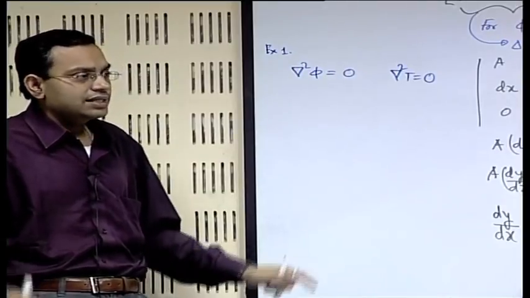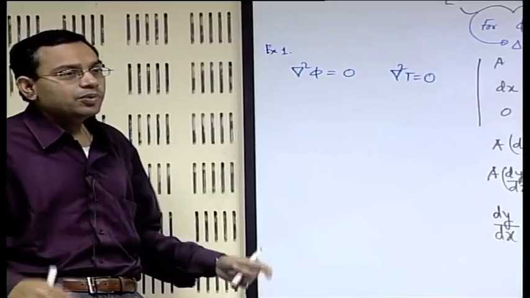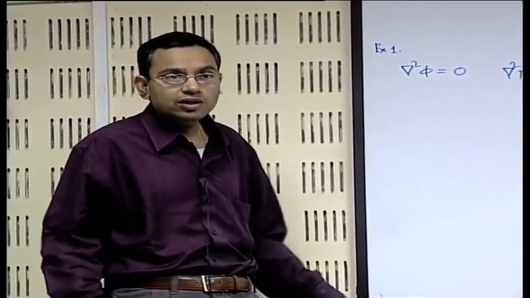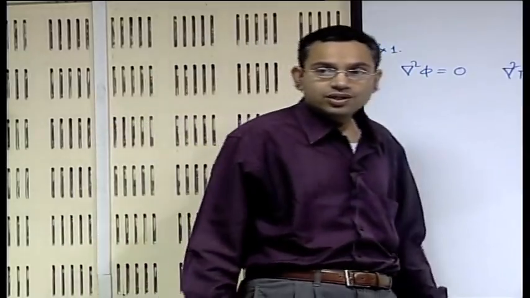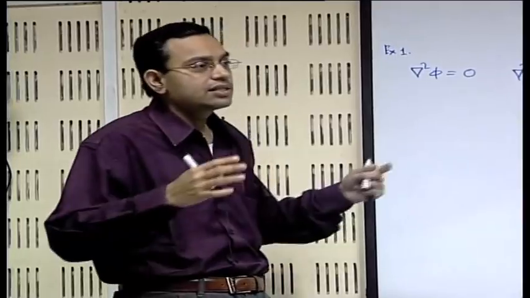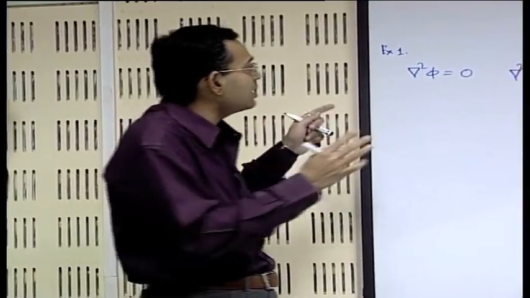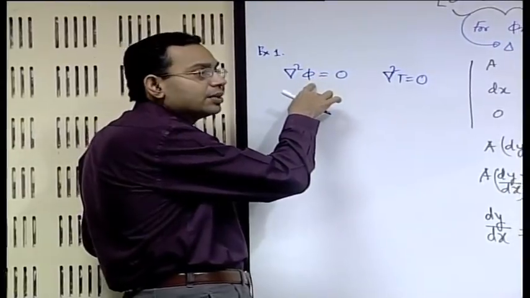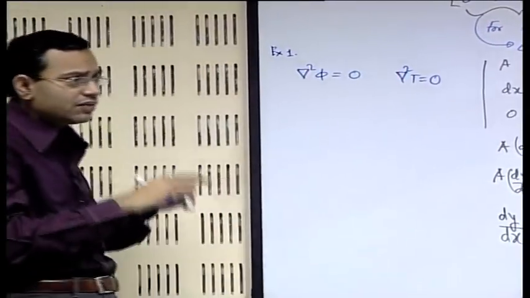There are many examples. For example, velocity potential distribution in an irrotational flow, that also is governed by the Laplace equation. So, there are different fields, different applications, physics changes, but what remains the same is the prototype, that Laplacian of some variable that is equal to 0. So, this is a very important equation.